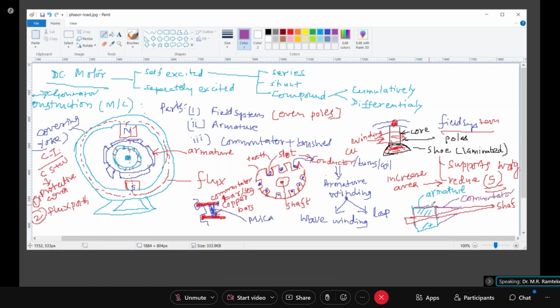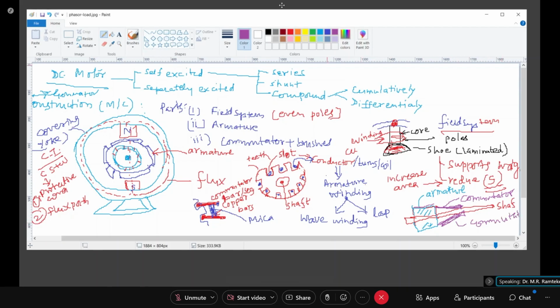This is having a larger diameter, and there is a slant structure on this. So this is forming my commutator. Each coil is connected to a separate commutator segment.